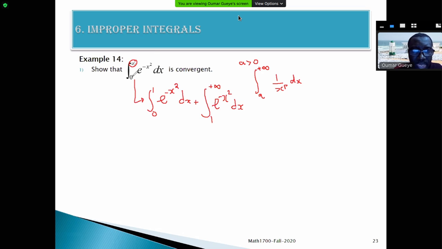My initial integral from 0 to positive infinity is convergent if and only if this second integral is convergent. That's why we only need to prove the second integral is convergent, because the first is already equal to a number. Even if we don't know its value, it's a number because it's a definite integral, my function is always continuous between 0 and 1. And we've seen any continuous function is automatically integrable, in the first part when we were defining the definite integral.